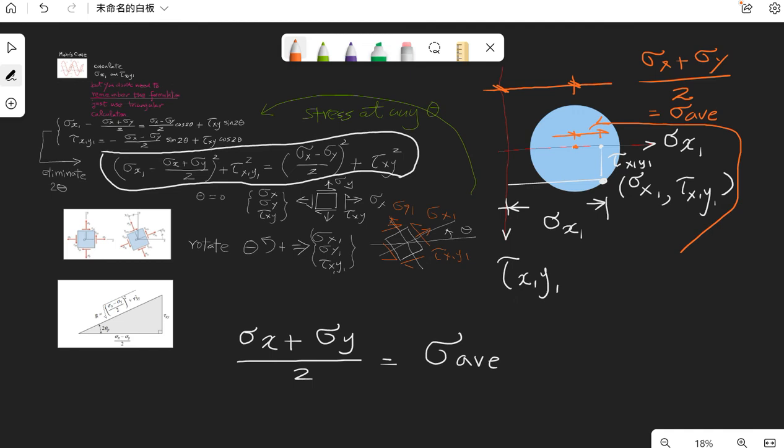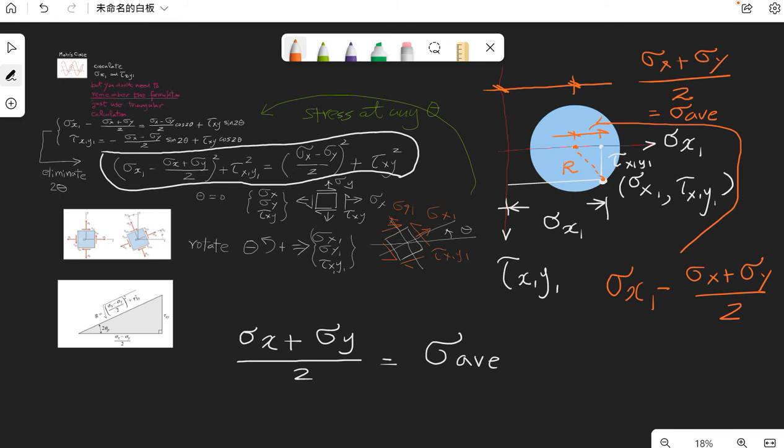The distance is equal to sigma x1 minus the sigma average, like sigma x plus sigma y divided by 2. And again, this we call a radius.